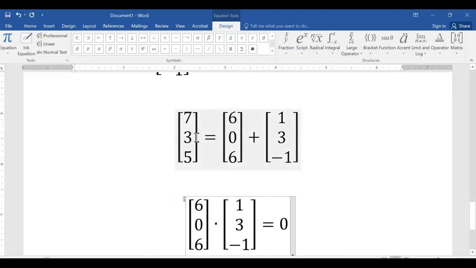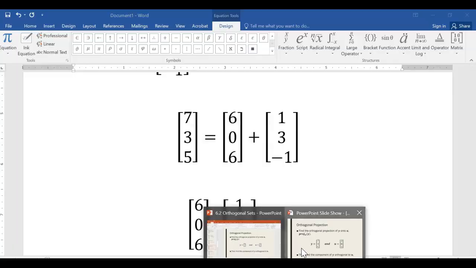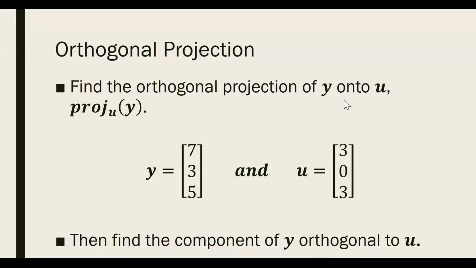So what we've done is, again, we've split up this (7, 3, 5) into two vectors which are orthogonal to each other, and one of the vectors is just a scalar times a vector u that I found. So that's the idea of orthogonal projections.